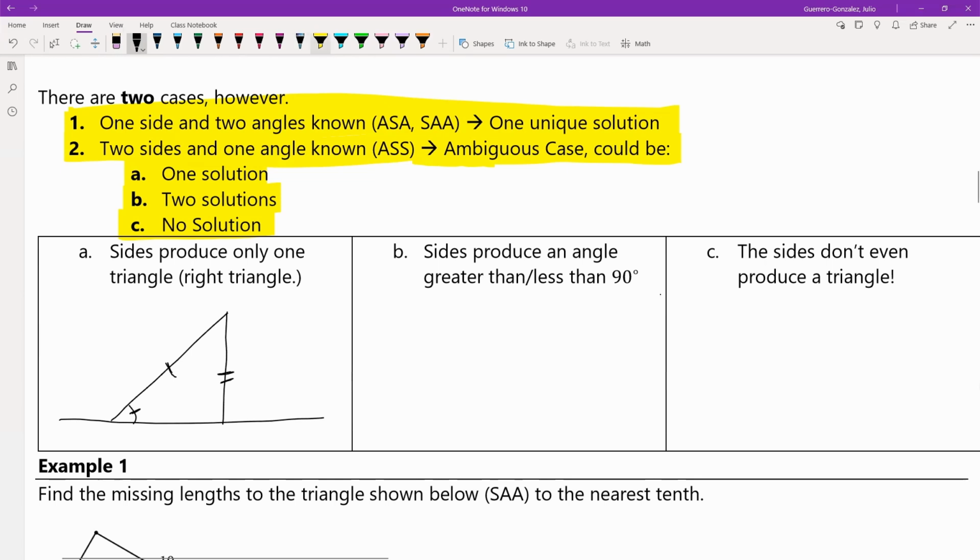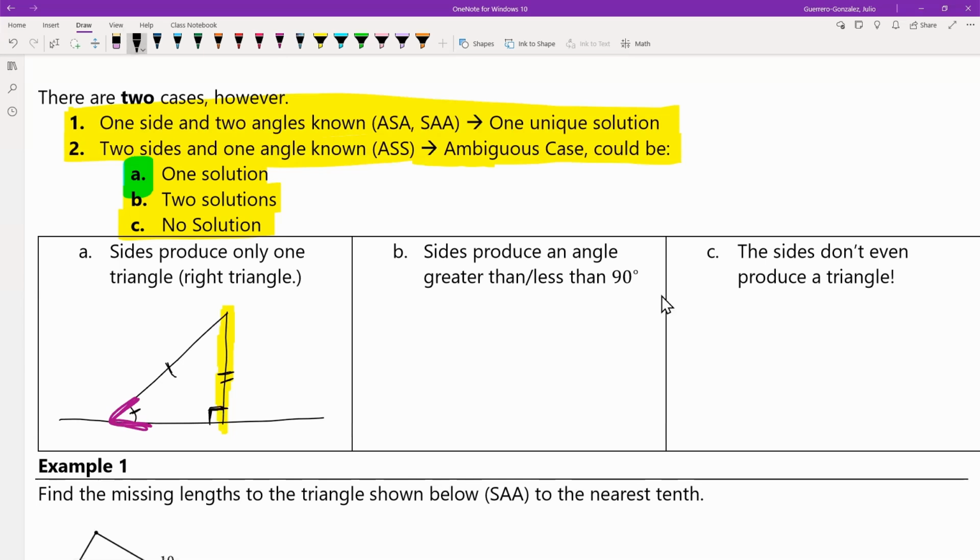Okay, if this length is just right, then what we have is a right triangle, basically. This is the one solution. We only have one solution in this case, right? Because that second side drops down just perfectly to meet up with this angle right here. Got it? Okay.